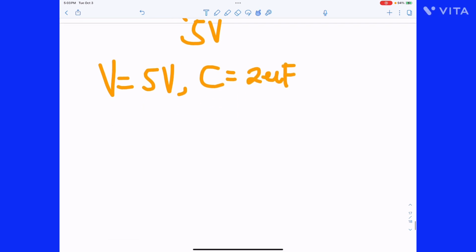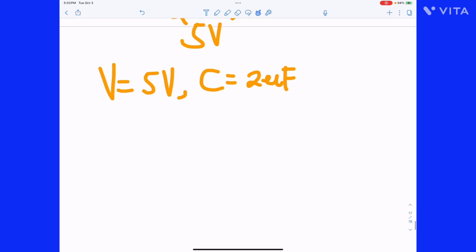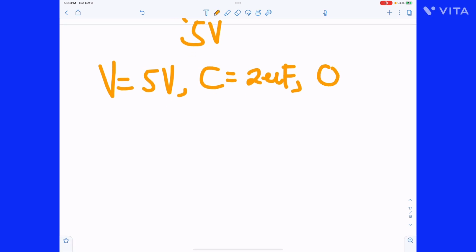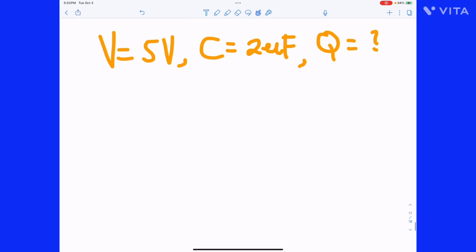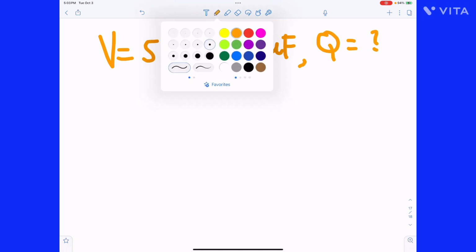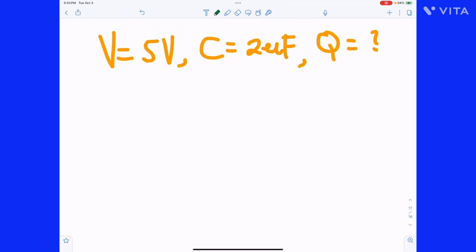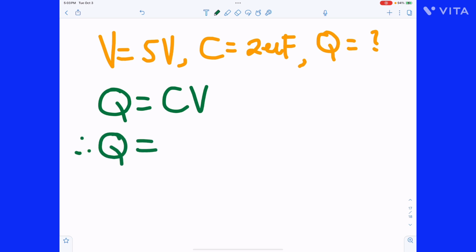What charge will be stored on the capacitor is what we need now. So we need Q, which is the charge stored on the capacitor. Now, in capacitor calculations, we always say Q is equal to CV. So in this case, Q will be 2 microfarad times 5 volts.